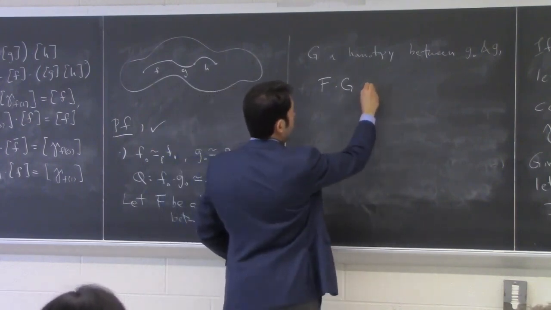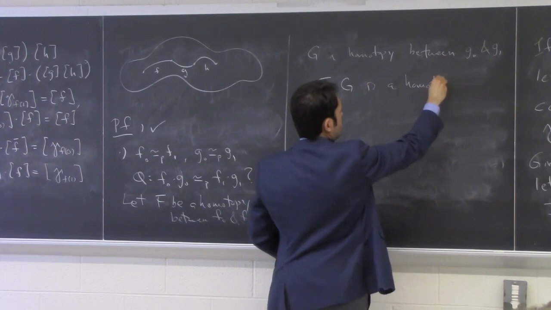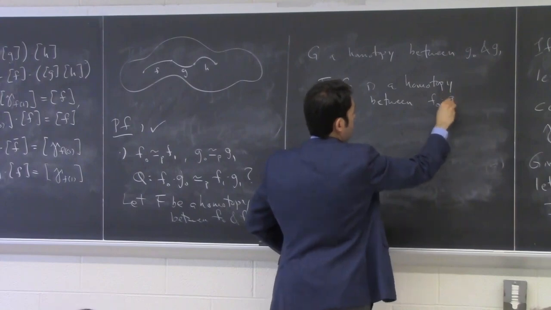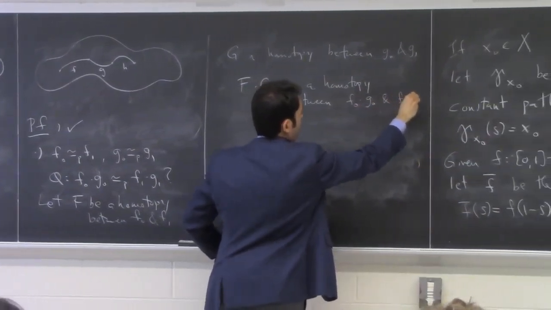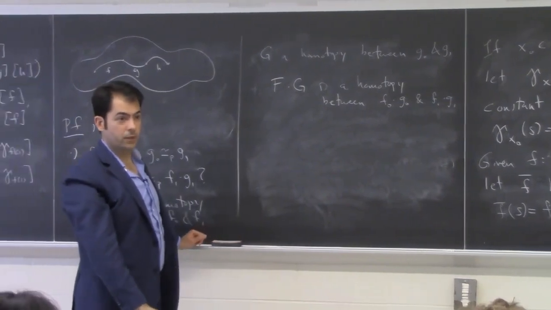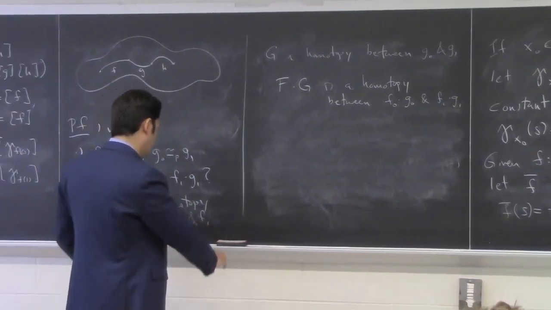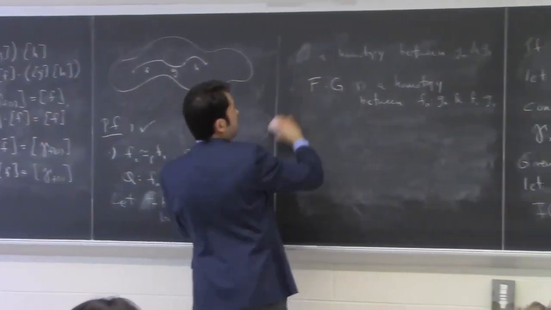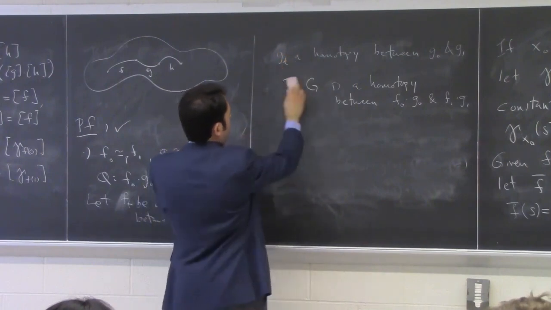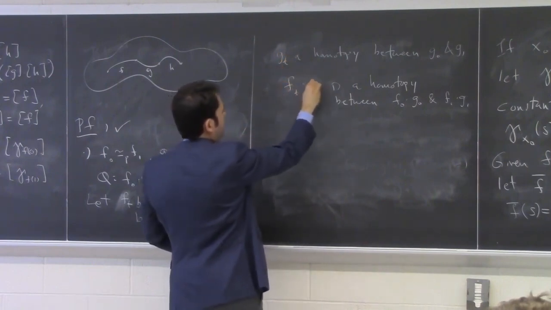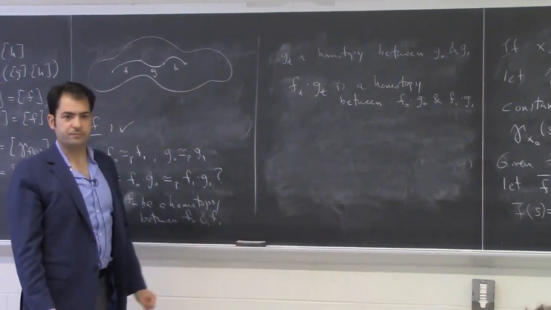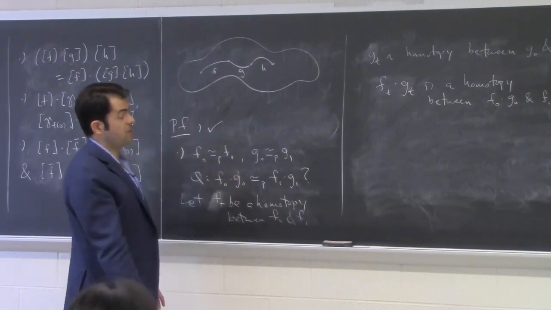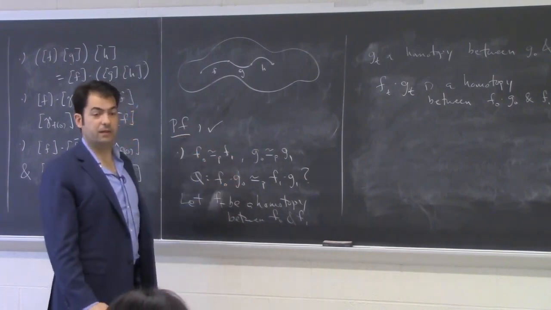And this is a homotopy between f0 dot g0 and f1 dot g1. Maybe this would be clearer if I used this notation: f sub t and g sub t. Then this is f sub t concatenated with g sub t, a continuous family of paths starting at f0 dot g0 and ending at f1 dot g1.